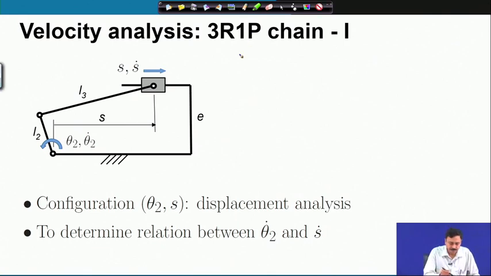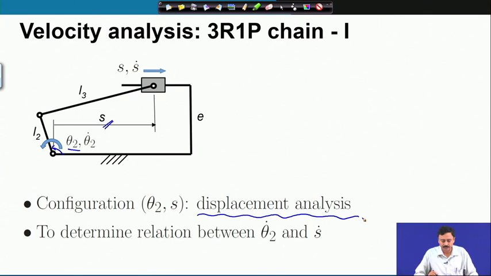Here we have this angle theta 2 and the displacement of the slider S. Now, the configuration of the mechanism is specified either by specifying theta 2 or by specifying S, and by solving the displacement analysis problem, I can solve for the other.